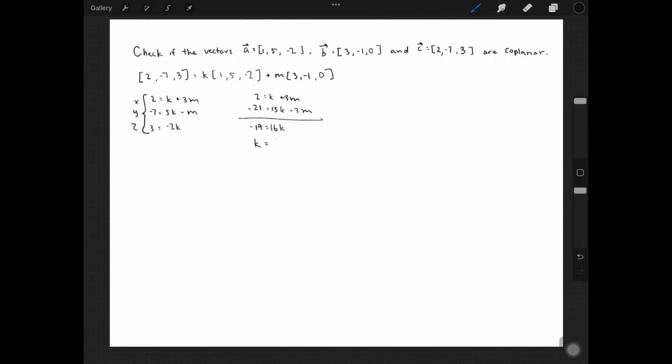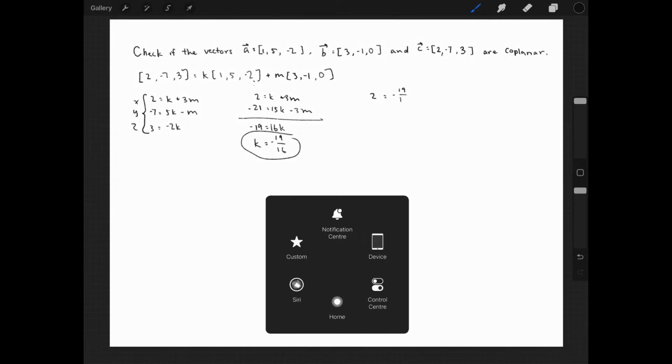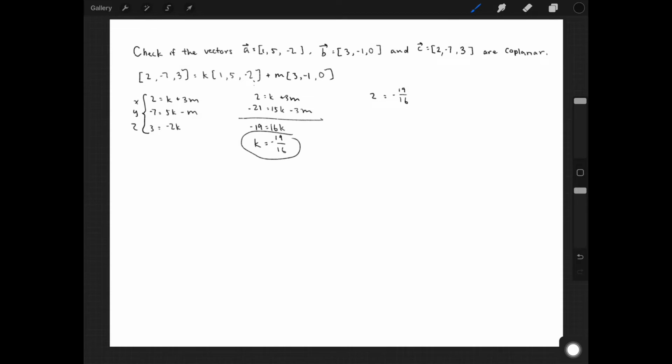It's not a good whole number, so we'll just write it in fractions. So -19 over 16. Okay, and then we can solve for M by substituting K into the first equation, the X equation. So 2 equals -19 over 16 plus 3M.